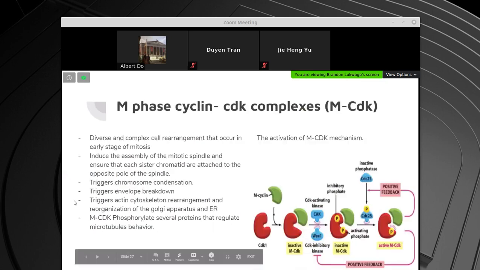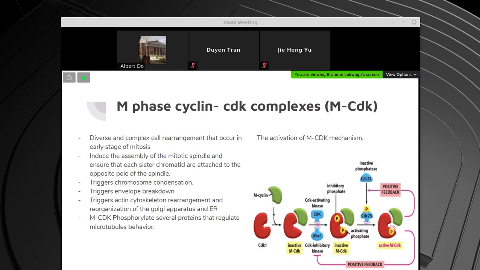The last phase is the M phase, in which cell division occurs. Here we have a diverse and complex rearrangement that occurs in the early stage of mitosis and induces the assembly of the mitotic spindle and ensures that each sister chromatid is attached to the opposite pole of the spindle. It triggers chromosome condensation and nuclear envelope breakdown.